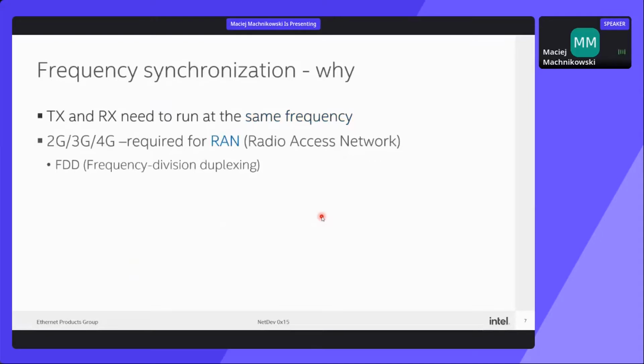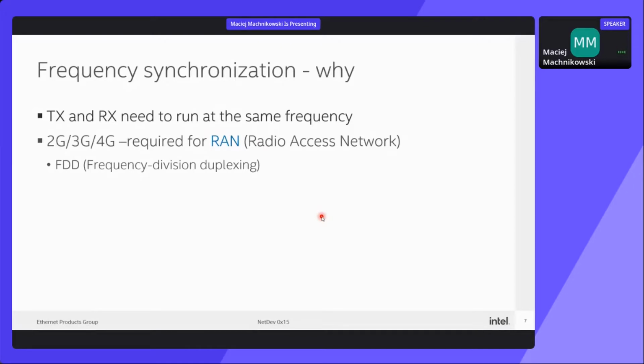Then 2G, 3G, and 4G radio access networks require it for devices that use frequency division duplexing, which is basically where the cell towers have different bandwidth windows for transmitting and receiving data.